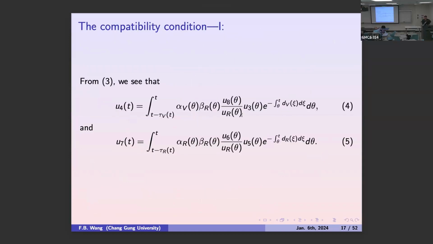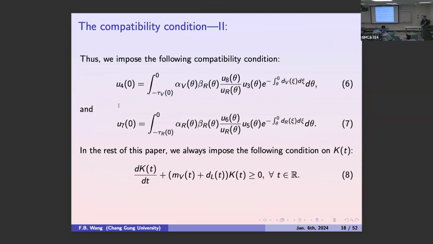If the seventh equation can be rewritten as this form, now we can take t equals 0. Then we will have these two initial conditions. So we need to choose carefully U sub 4 and U sub 7.